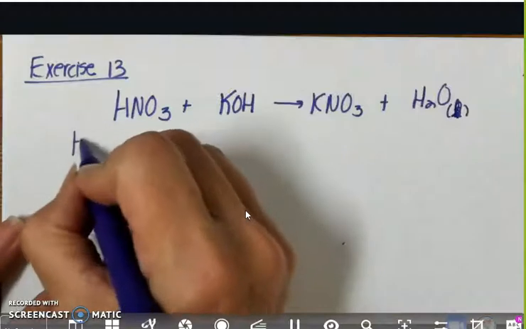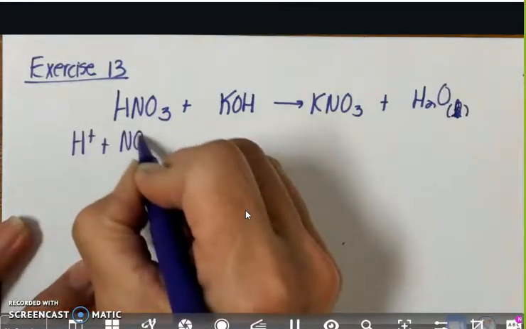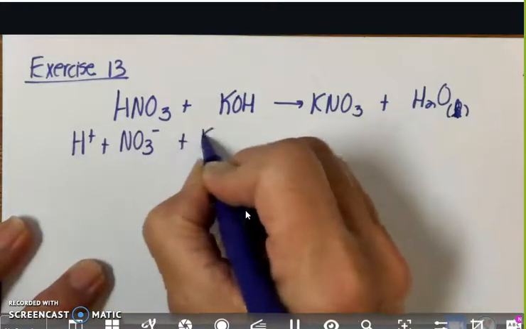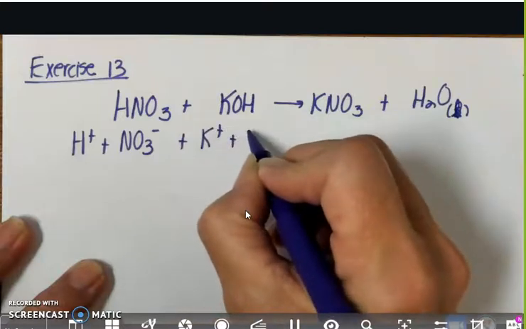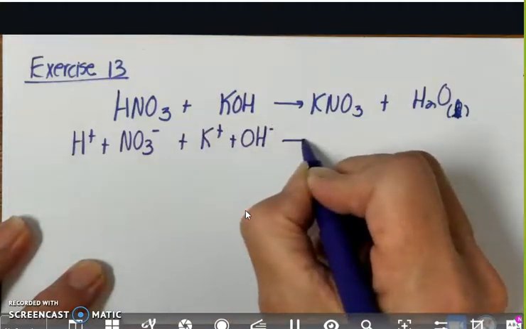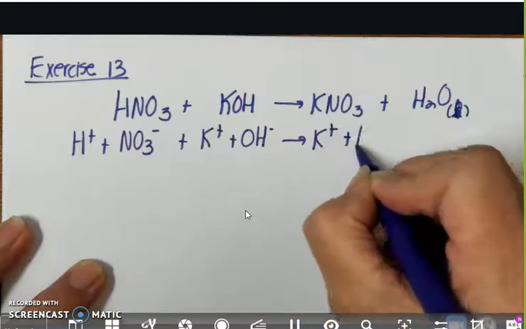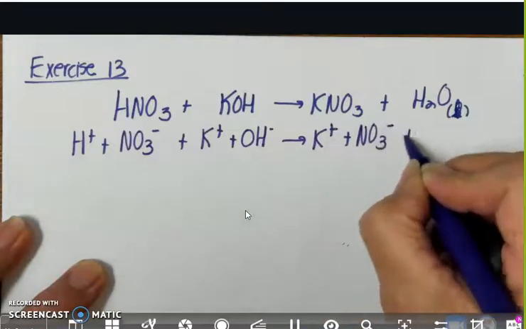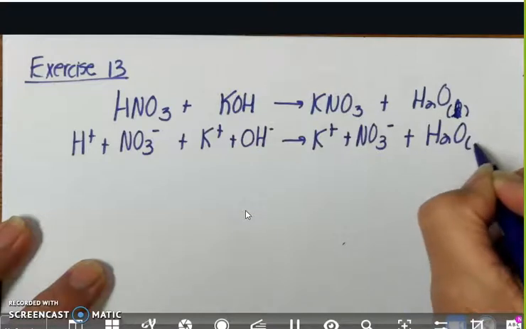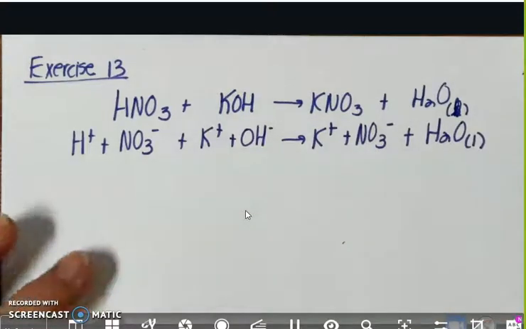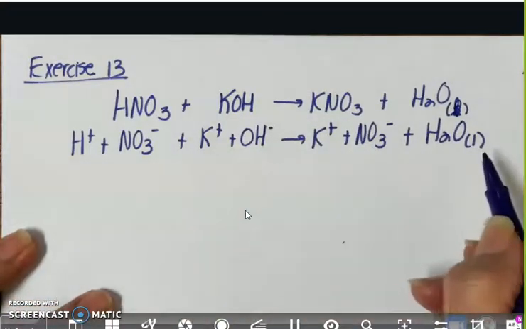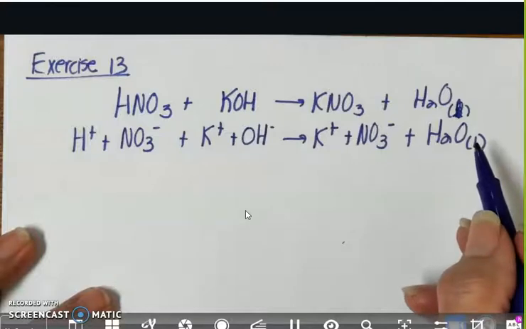So if I were to write out all of my ions and write my complete ionic, it goes to water, liquid. You can ask questions if you want, it's fine. Do you see what I've done here? This is like my precipitate.